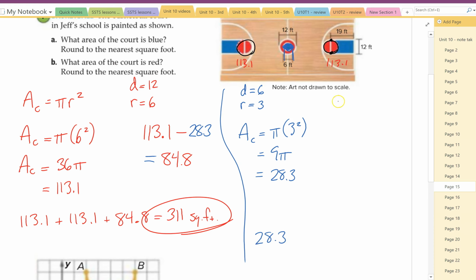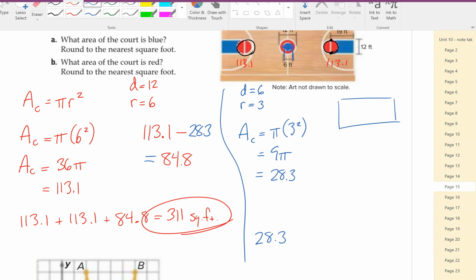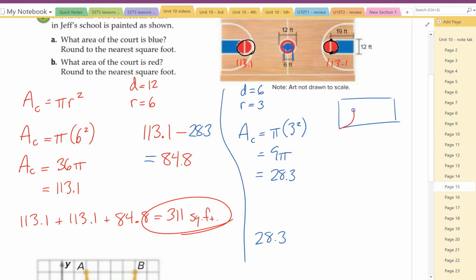So what I have on both free throw lanes is something like this. I have this blue rectangle, but this semicircle's been cut out of it, right? Half of one of those red circles is cutting out of that rectangle that I would otherwise have in all blue.